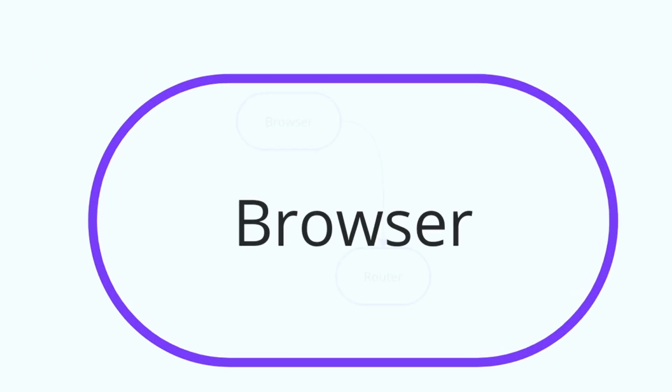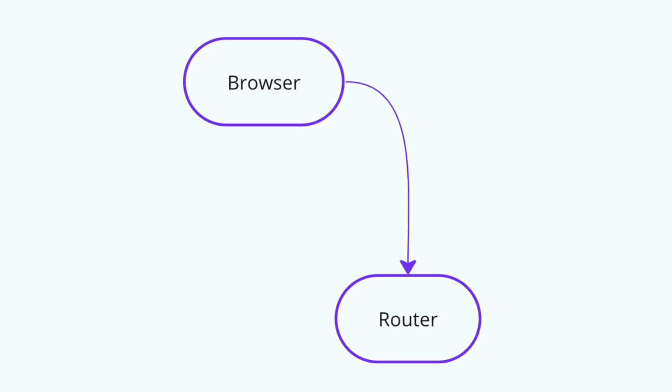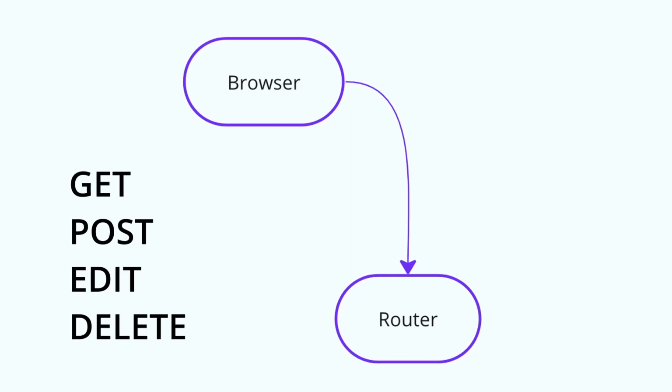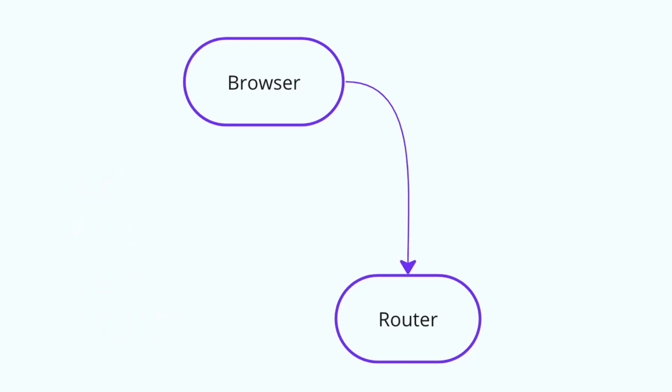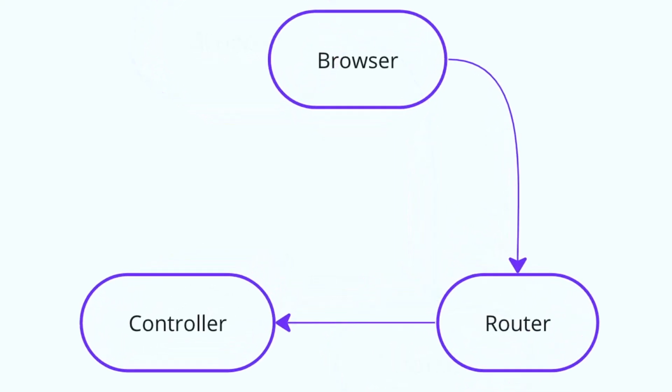This incoming request is intercepted by the router, a vital component responsible for translating and routing requests to their intended destinations. The router receives all types of requests, including post, delete, edit, etc. The router processes the request and forwards it to the relevant controller for further action.